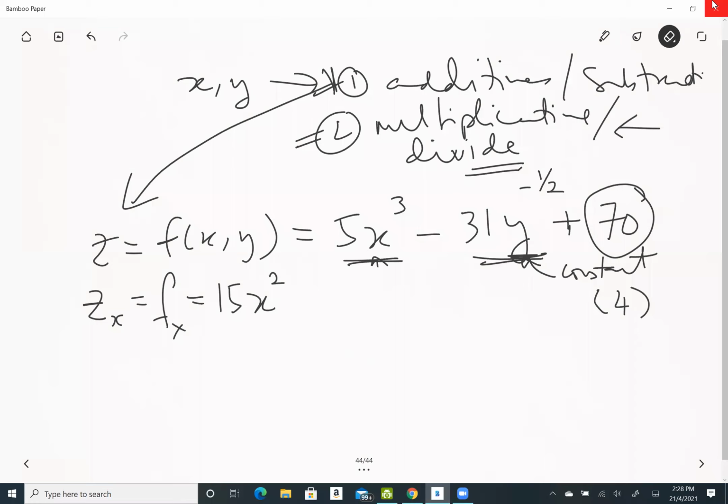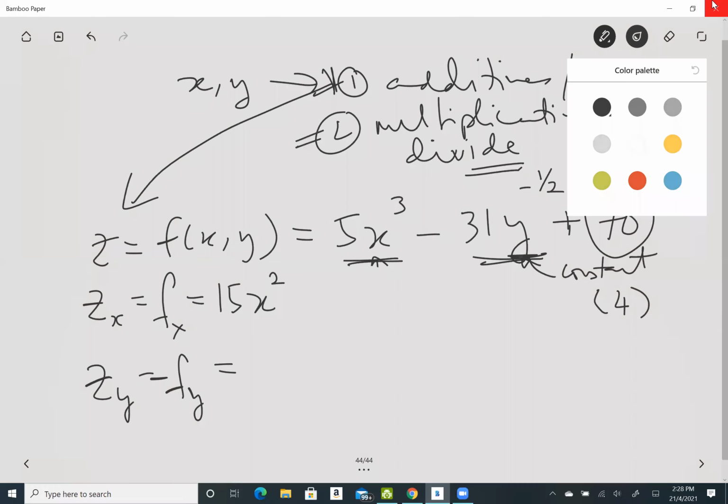Okay, good. Now, I take the derivative with respect to y. So in this case here, when you take derivative with respect to y, what is the variable that you keep as constant? X. So now x is the constant.